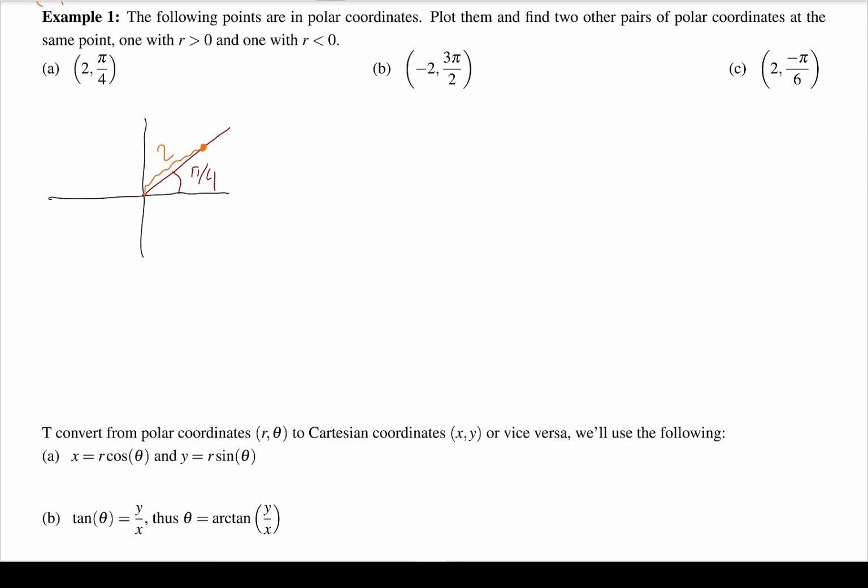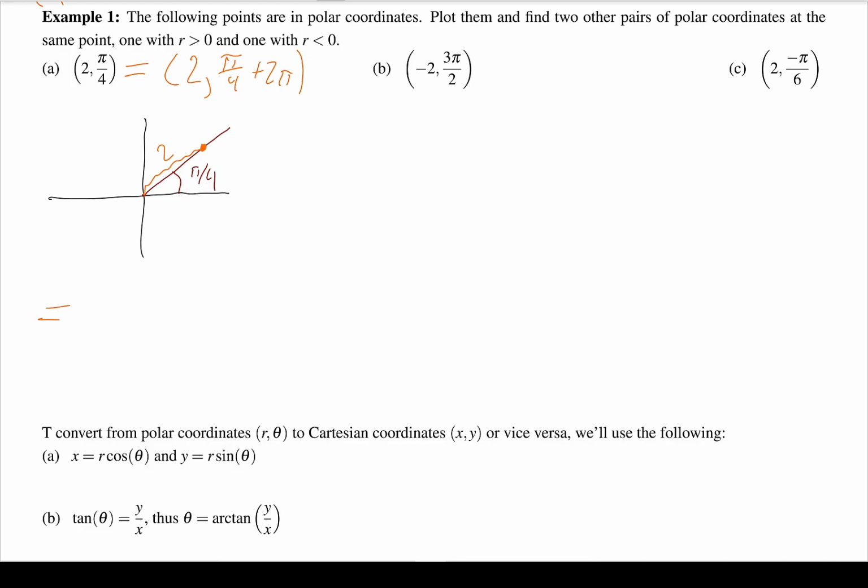Okay, so like we mentioned, you can take 2 pi and add it to this and get the same point. So 2 comma pi over 4 plus 2 pi would be the same point. Now another way to get the same point is if we add pi to this and then multiply our radius by negative 1.